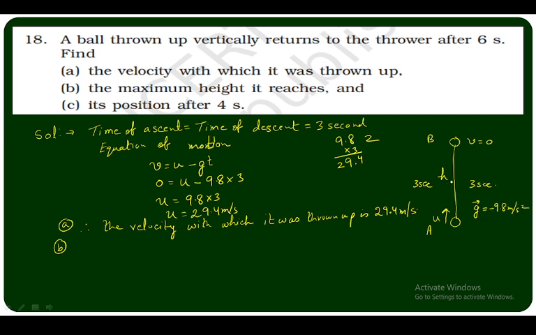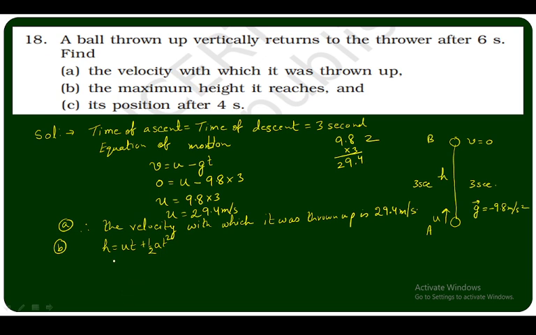We know that according to the second equation of motion, h is equal to ut plus half at square. This is the height, or you can say it as s, right?